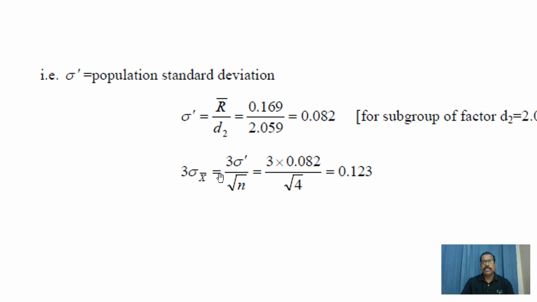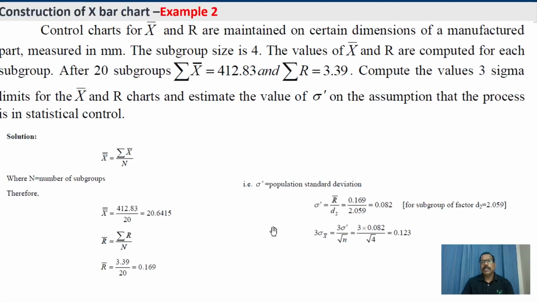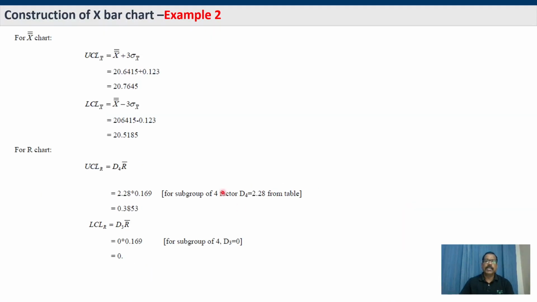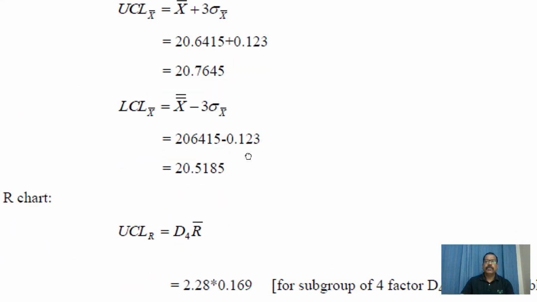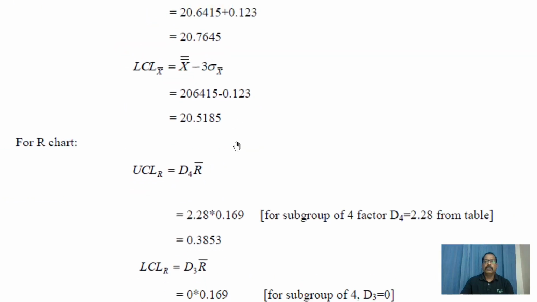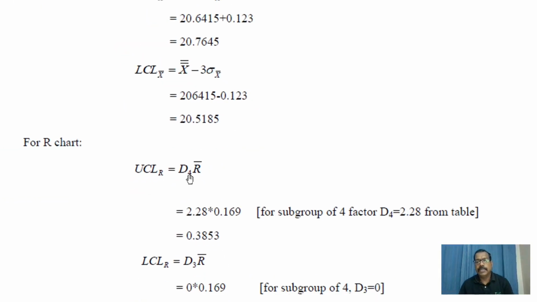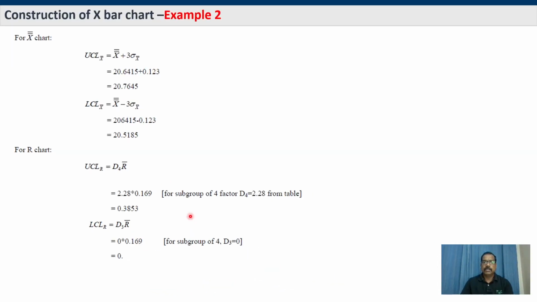Once you have this 3 sigma x bar, we can calculate the upper control limit and lower control limit for your x bar chart, and also with the D4 and D3 values from the table, we can get the upper control limit and lower control limit for your R chart. Okay, this is example number 2.